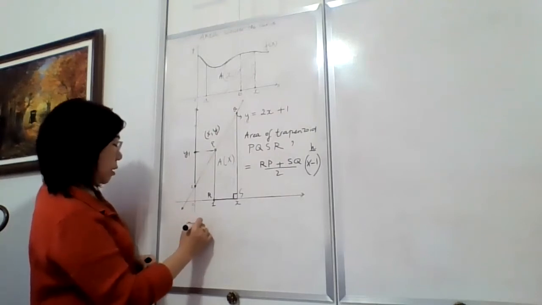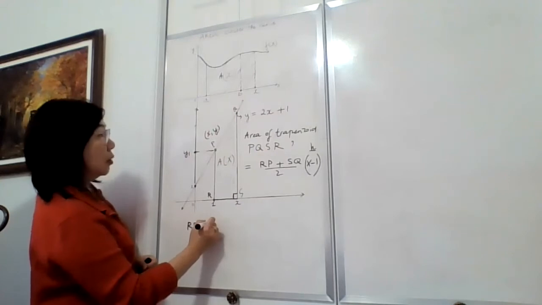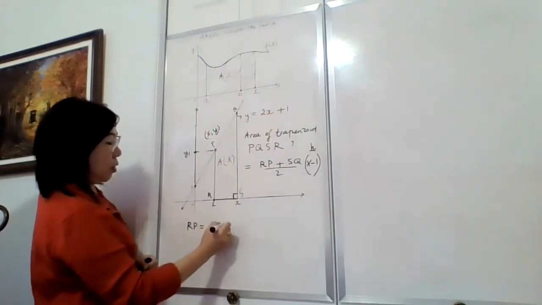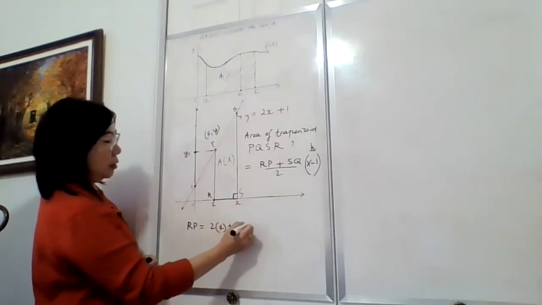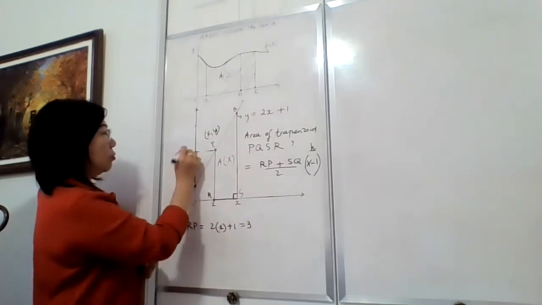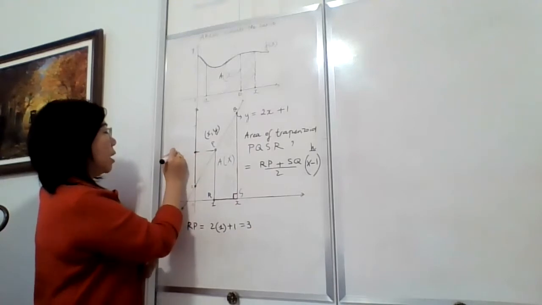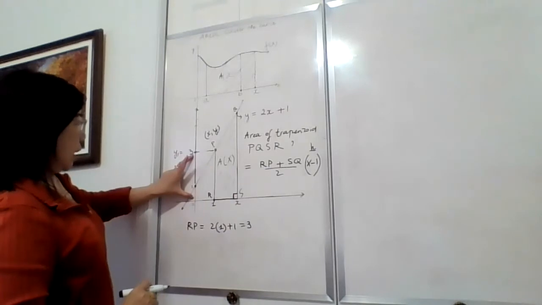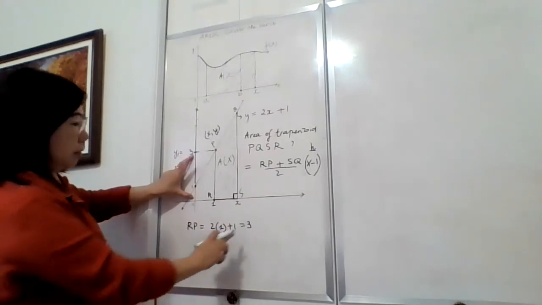So RP will be equal to 2 times x, and x is just 1, added to 1, equals 3. So now we know y1 here equals 3. So the length of RP equals 3 units.